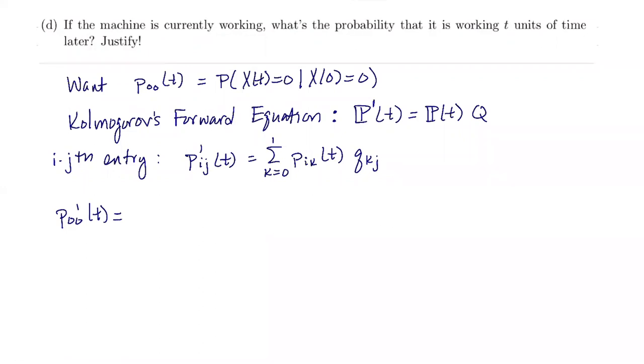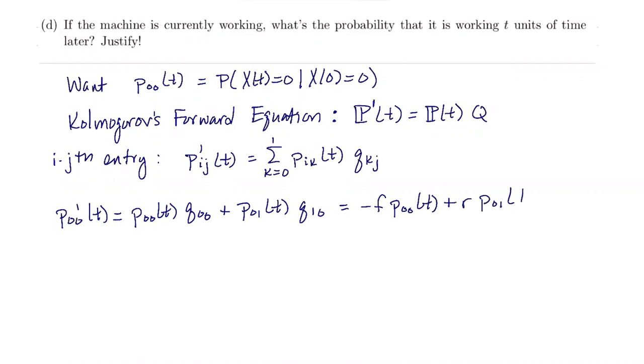And so this is going to be P00(t) Q00 plus P01(t) Q10. And I do know the Q's. I'm going to pull that out of the matrix I made for part A. And this is negative f P00(t) plus r P01(t).